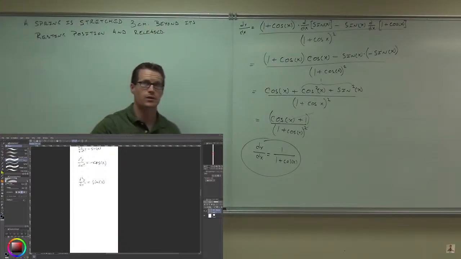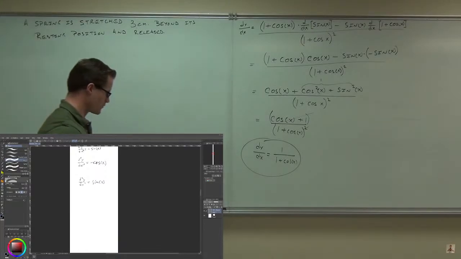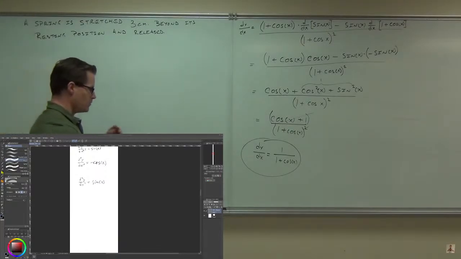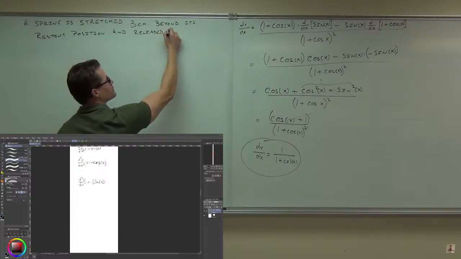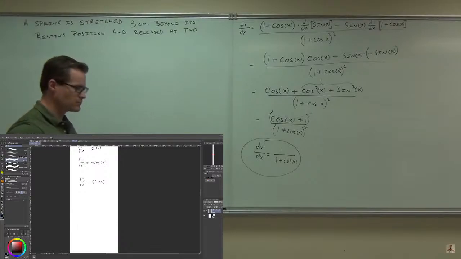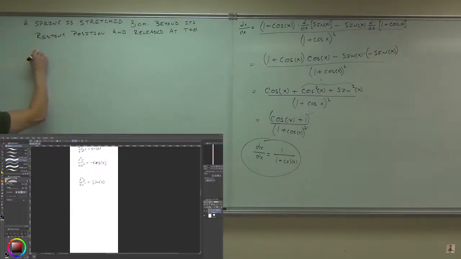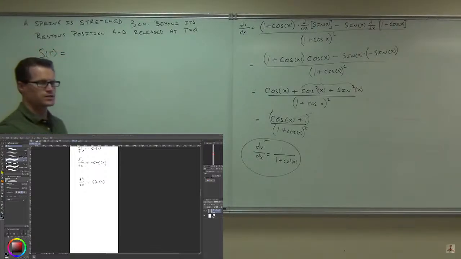So it's oscillating back and forth at, let's make it at a certain time, at t equals 0. Let's talk about the position function.